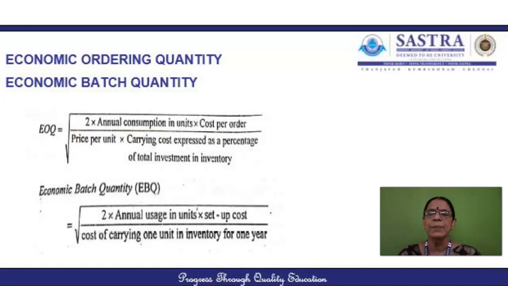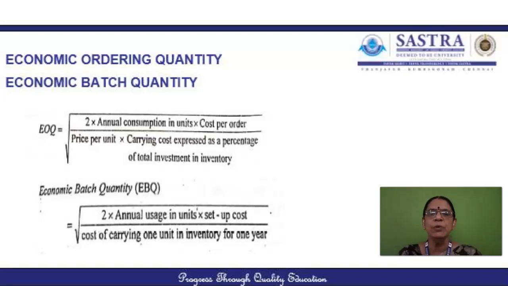Therefore, the combined effect of ordering cost and the carrying cost on one hand is to be compared with the savings arising out of the bulk discounts on the other. The final decision on this issue will depend naturally upon the net effect of the increase in the inventory cost and the savings due to the bulk discounts. And this we can learn with the following illustration.